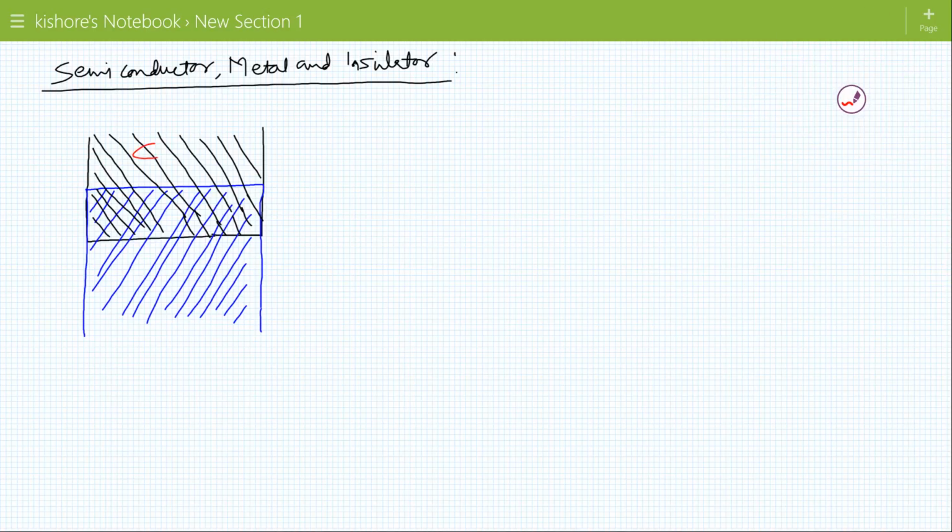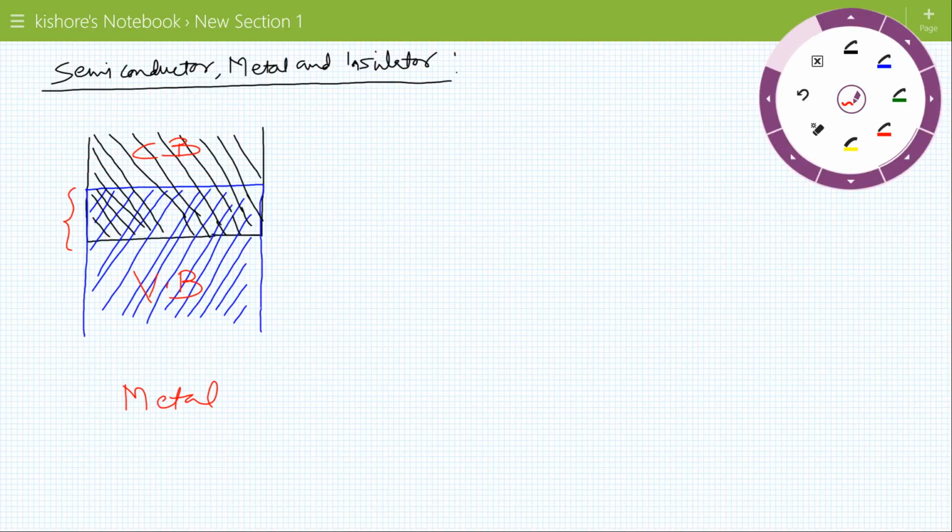This is conduction band and this one is valence band, and this is the overlapped portion of conduction and valence band. This is the case for metal.